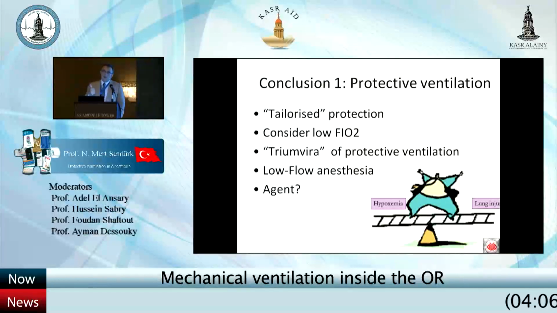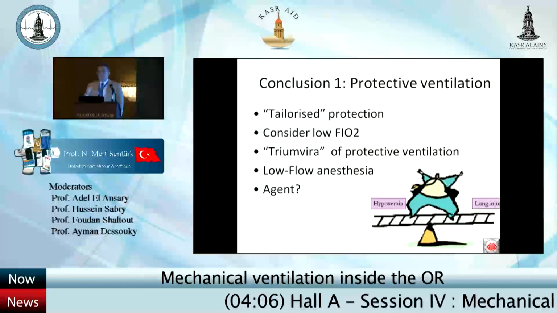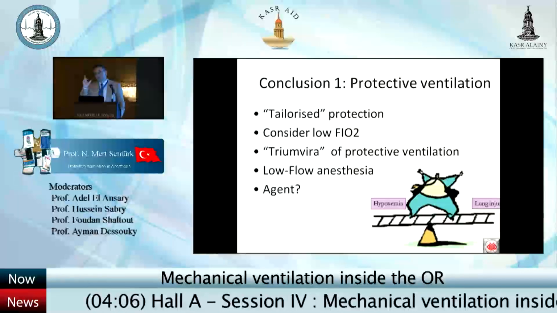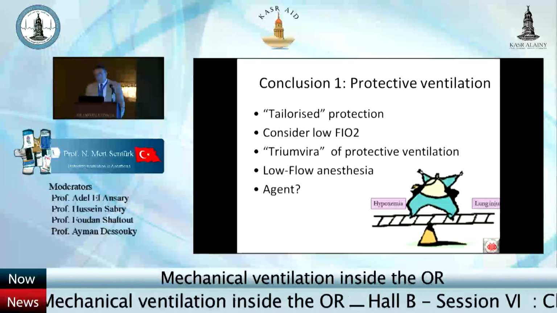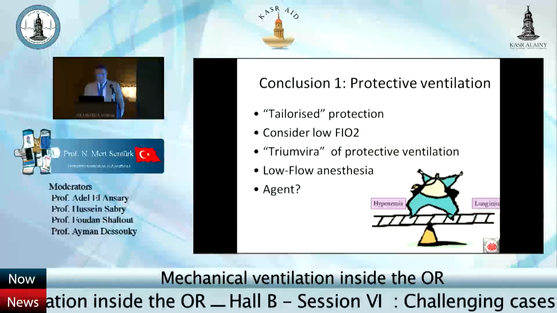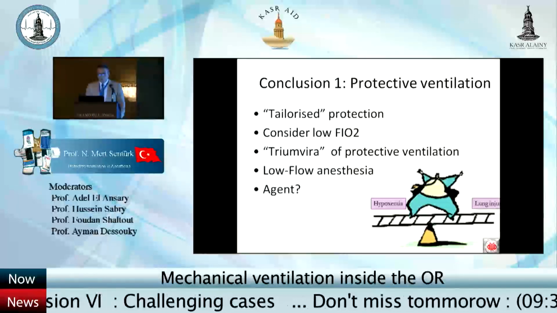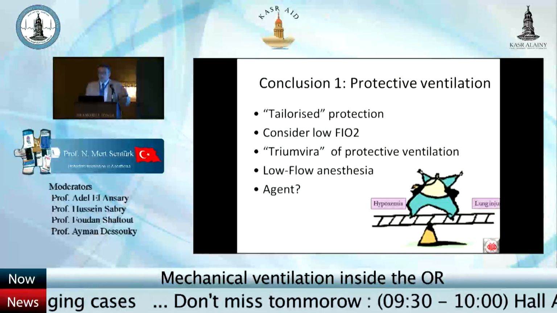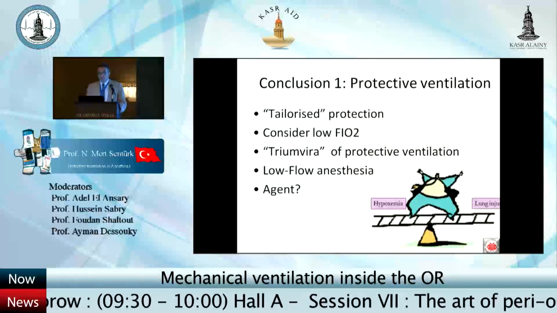We have to consider a low FiO2 as possible. We have to keep in mind that protective ventilation is a bundle of 3 components: low tidal volume, PEEP, and recruitment maneuver. Do not forget to apply some low flow anesthesia. The question about the agent, inhalational or intravenous agent, is still valid.